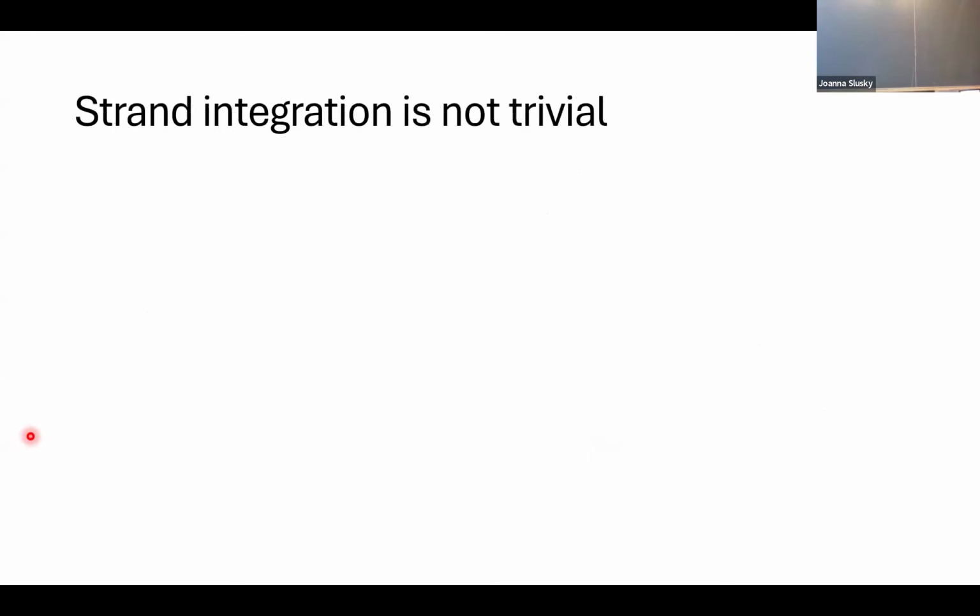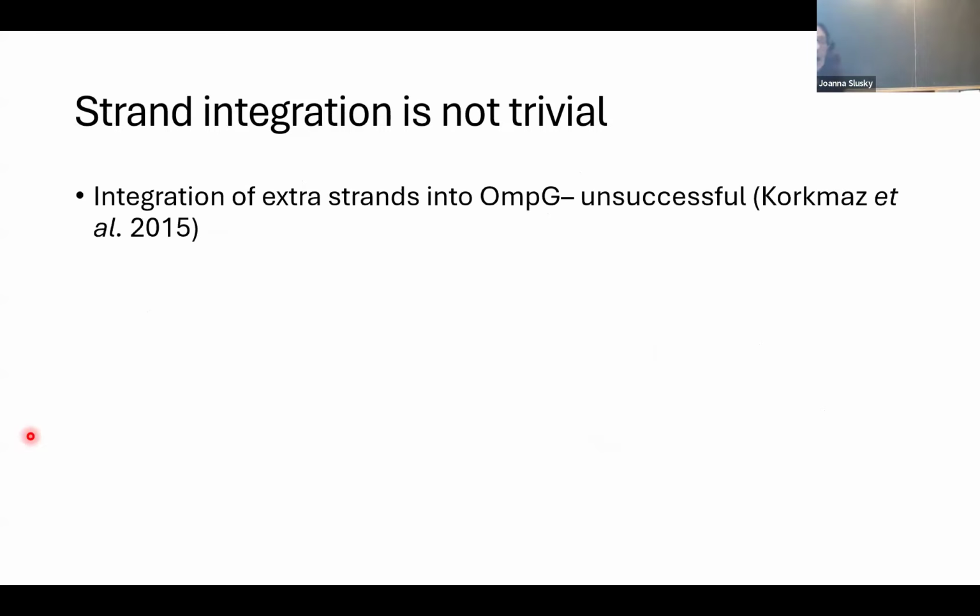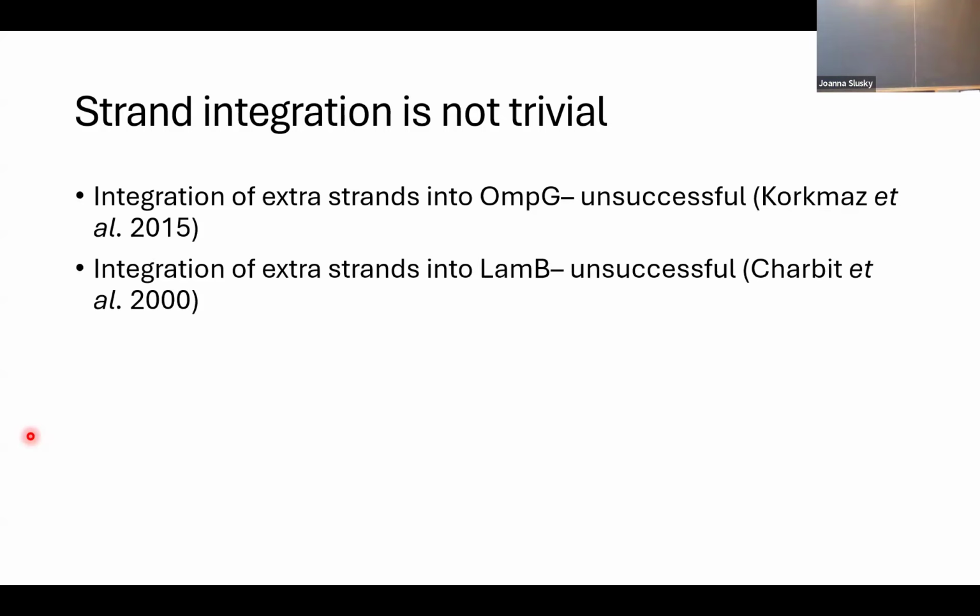And you might say, okay, maybe strand integration should be trivial. Like if you add a bunch of protein, shouldn't it just make a strand of its own? I think it's not that simple, and it's certainly not that simple in our hands or in our colleagues' hands. Integration of strands into OmpG was unsuccessful, and that was published. Integration of extra strands into LamB was also unsuccessful.